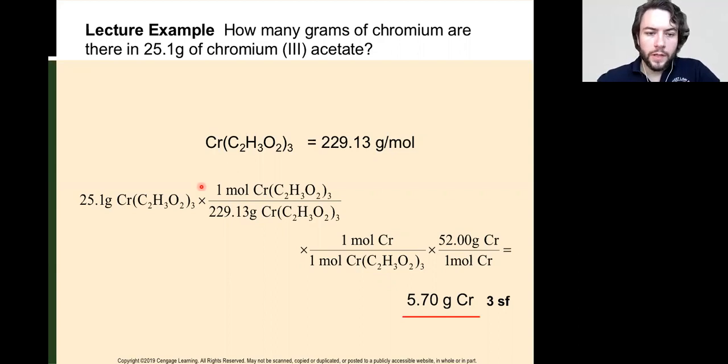So this is 25.1 grams of chromium acetate from the question, times 1 mole in this many grams, 229.13, so we would get a value of somewhere in the region of 0.08 moles.